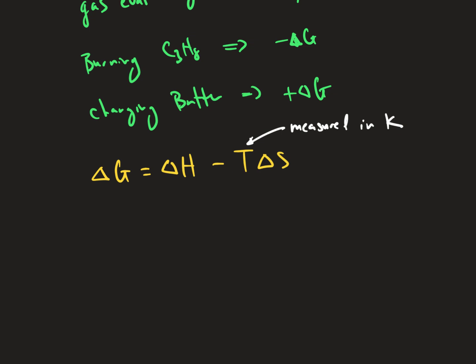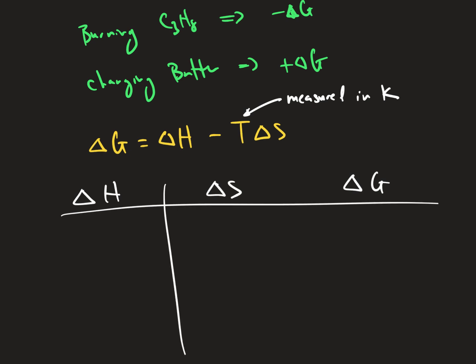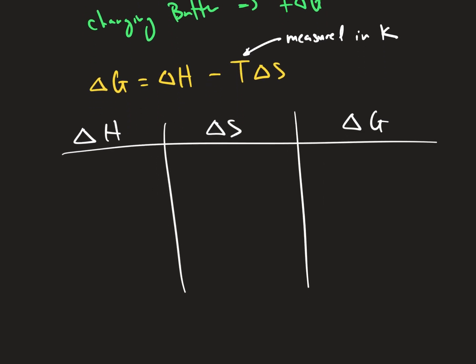All right, so let's make a little table here. So we got delta H, delta S, and delta G. And we can use this equation to guide our thinking. If delta H is positive and delta S is negative, so if they're different, let's plug numbers in here. Delta H is positive, and delta S is negative, well, temperature is always going to be positive, right?